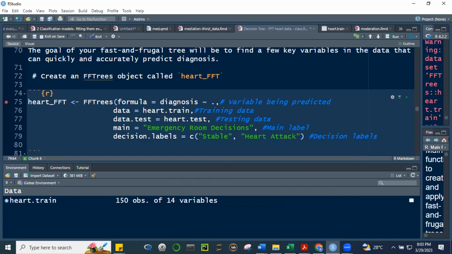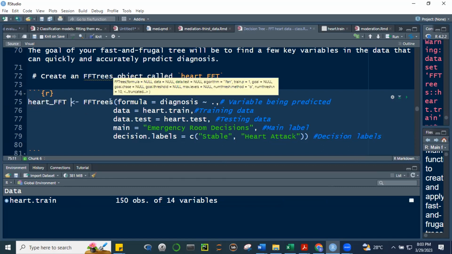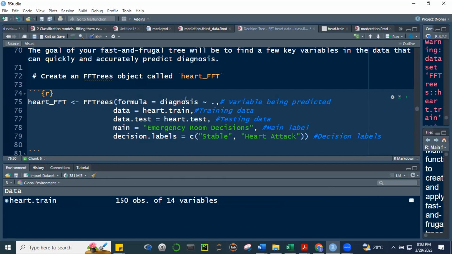Okay, so let me explain this again. There should be an opening here. See, there's red, which means I'm missing a closing. I have to close that. There, it's gone. So we're creating this object, our model using FFTrees, fast and frugal trees. The formula is regressing diagnosis on all the variables.